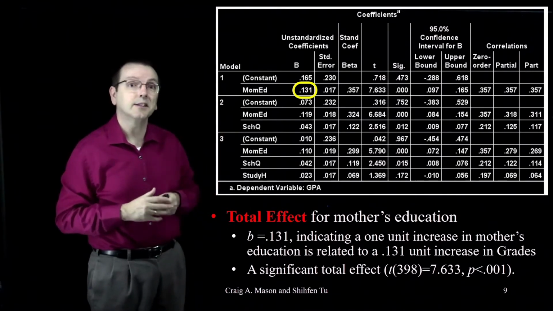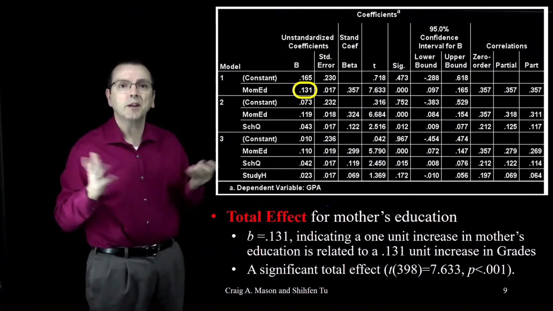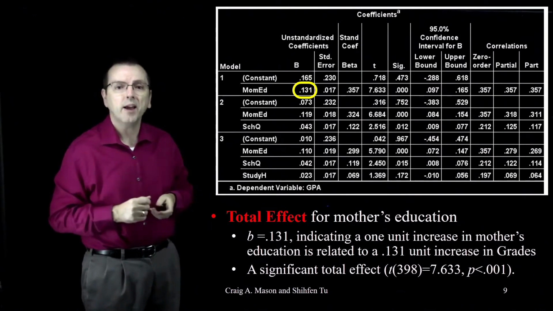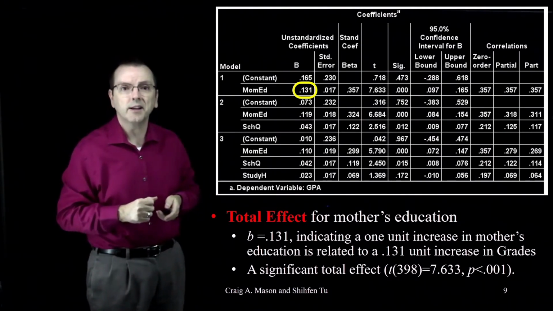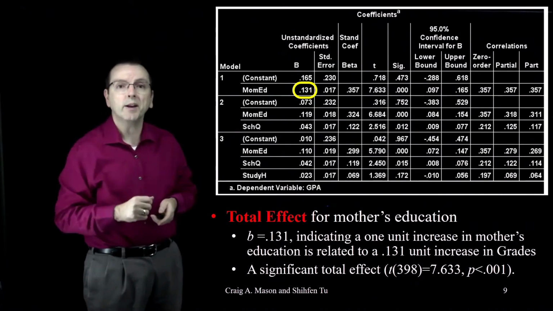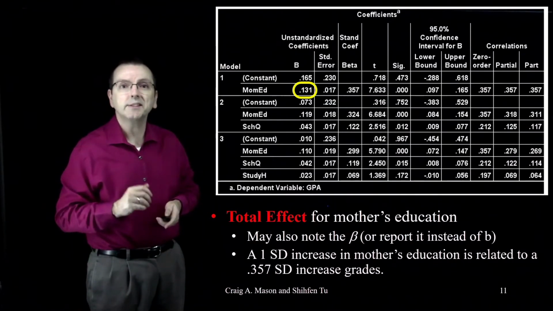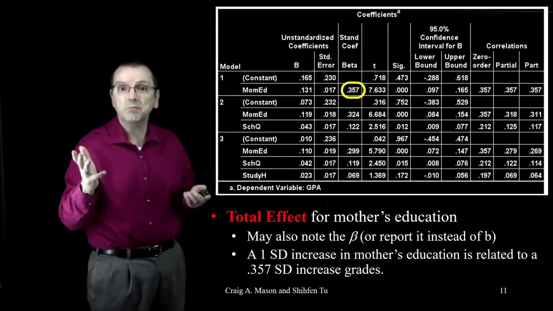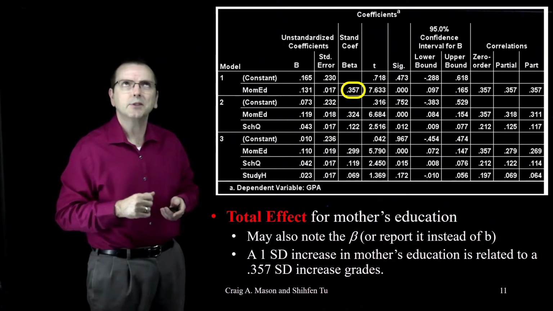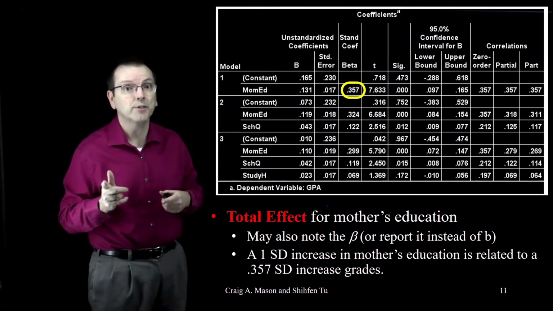It is statistically significant. You should then interpret what that effect means. Something like, in model 1, a 1-unit increase in mother's education was related to a 0.131 increase in grades. You may also report the standardized coefficient, beta, or you may see some report beta instead of the unstandardized coefficient.